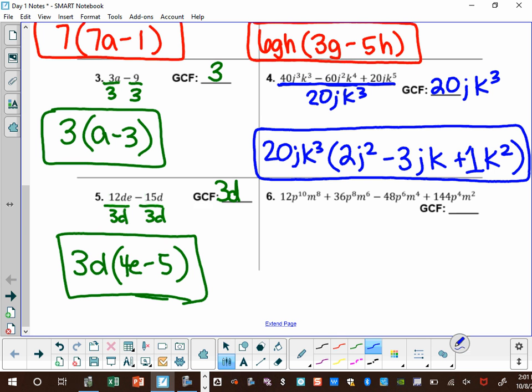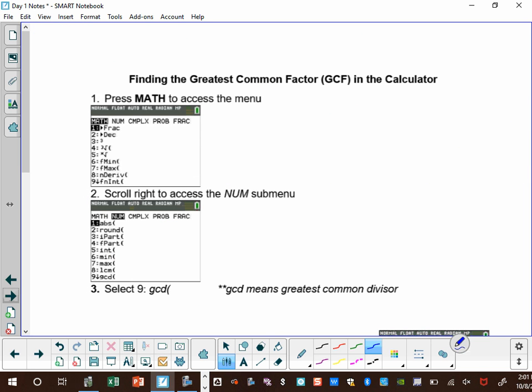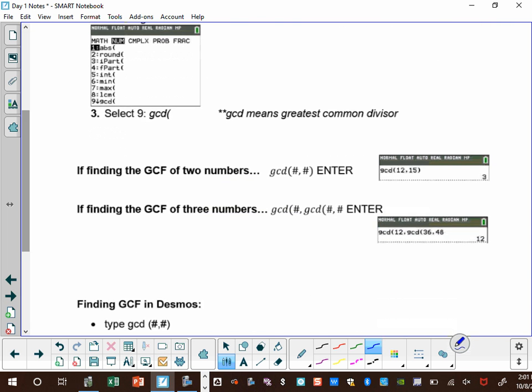Now we're going to turn to FOIL. On the second page of your notes are basically directions for what we just did. It shows you how to find your GCF in your calculator: Math, over to Number, select number 9. If you're finding the GCF of 2 numbers, you type in GCF of number, enter.